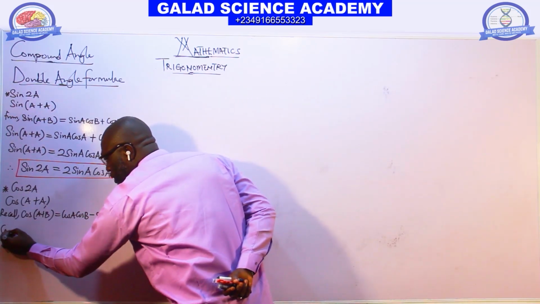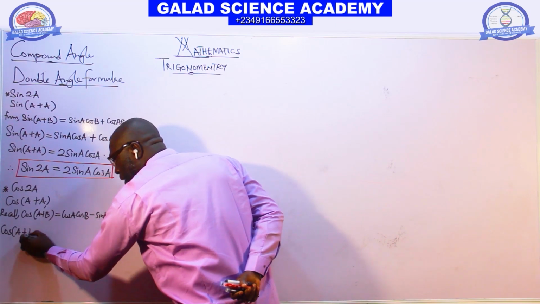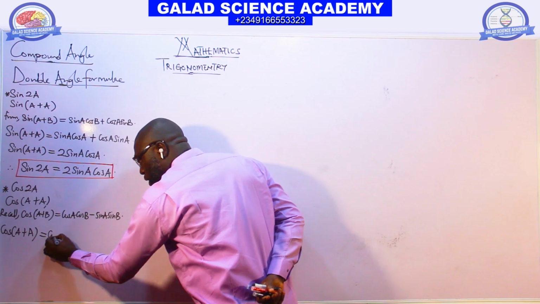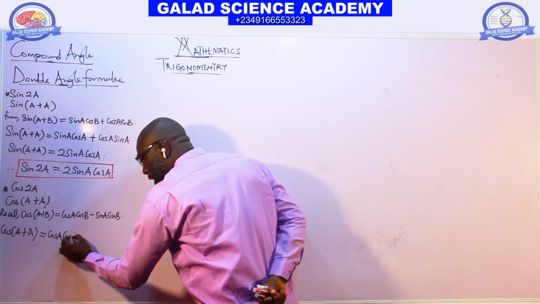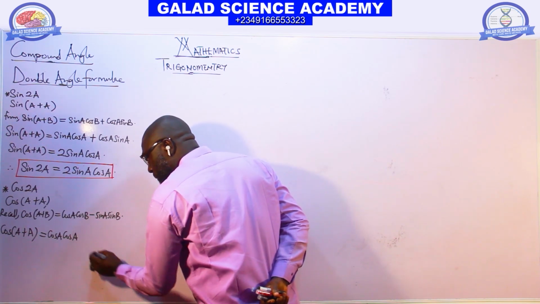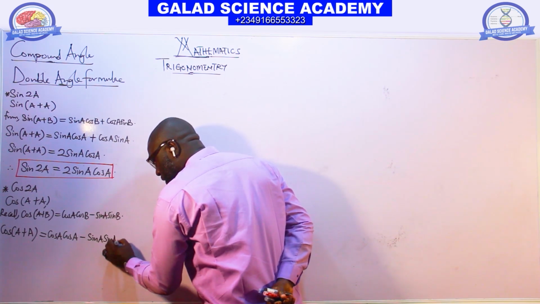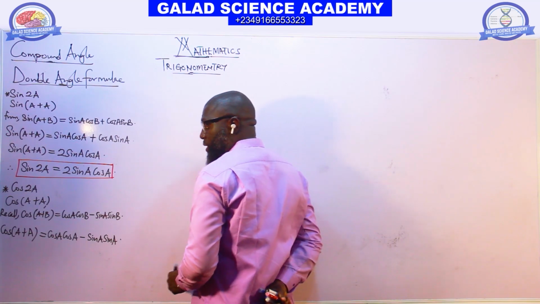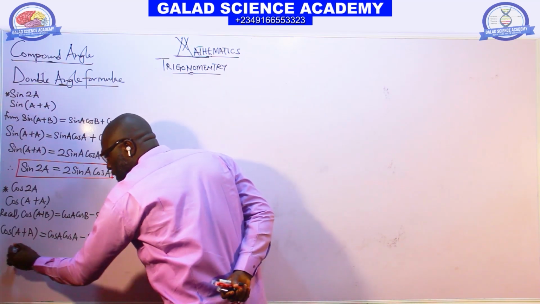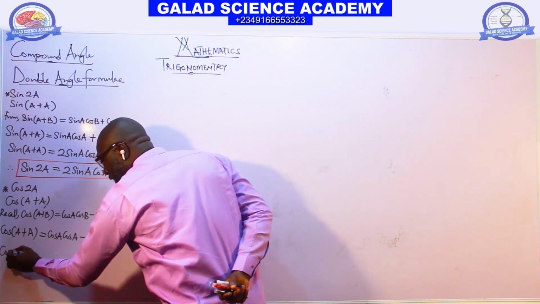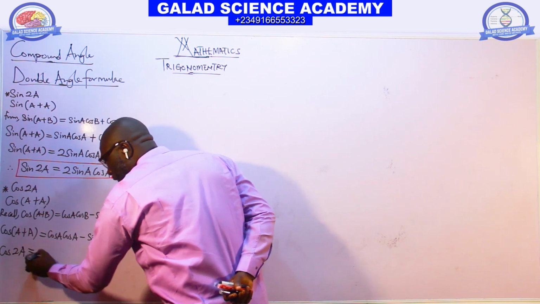You will now have cos of A plus A. It should be cos A cos A minus sine A sine A. So if you add it together, it's cos 2A.